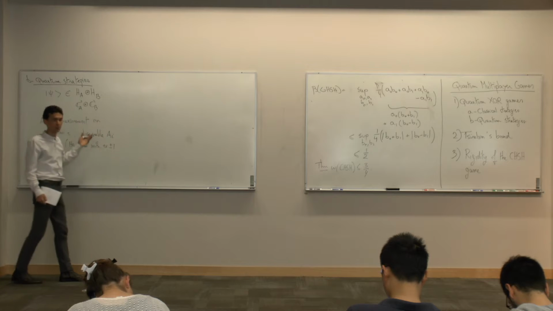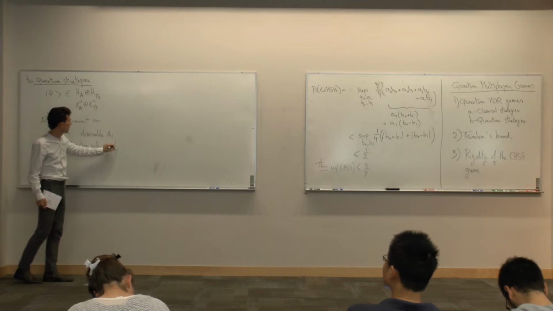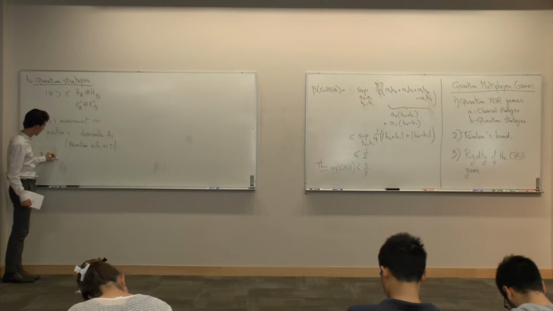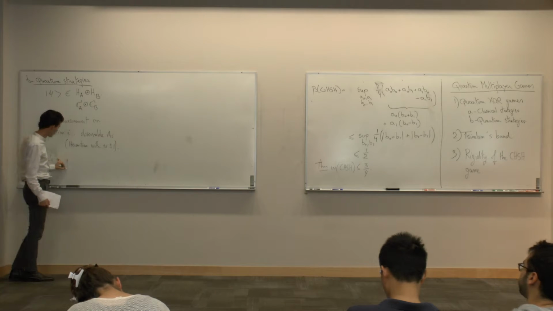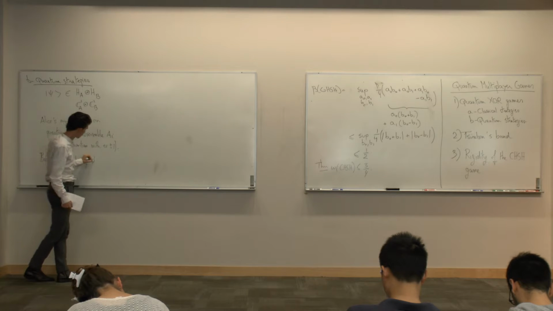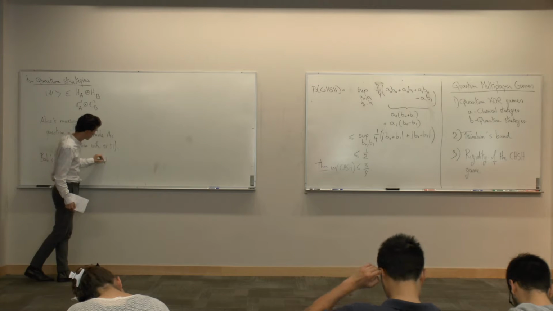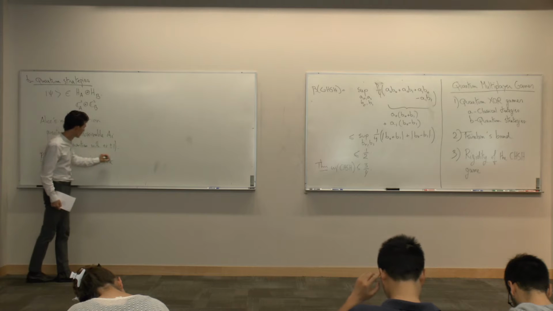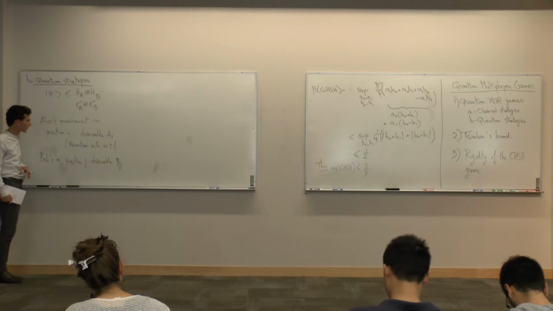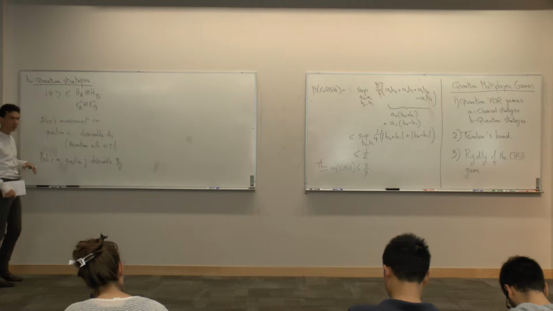For example, the X matrix or the Z matrix, that's fine. And then Bob's measurement on question J is an observable B_J. It also has eigenvalues +1 or -1.